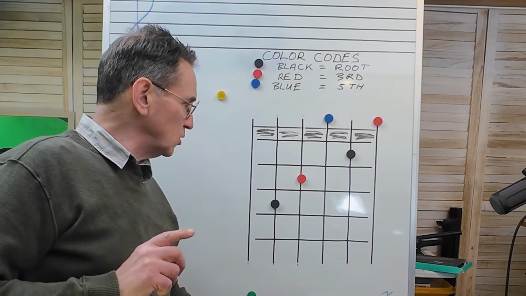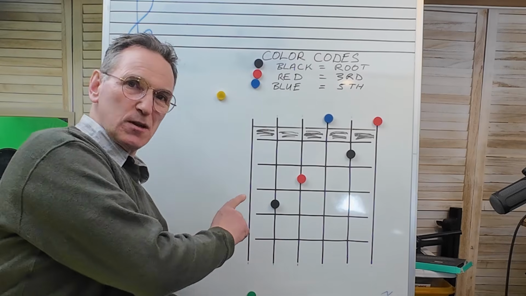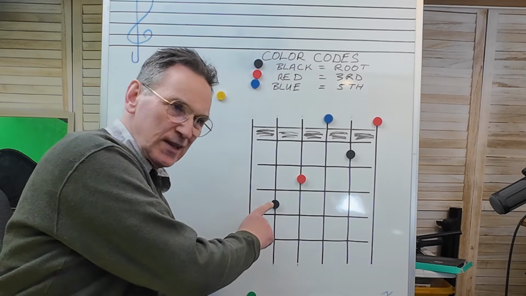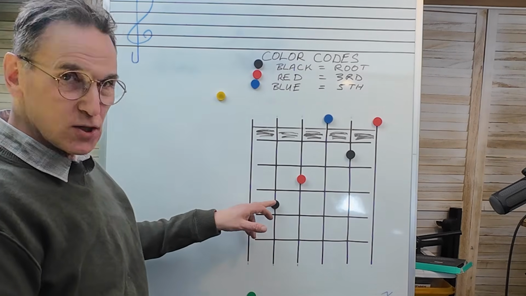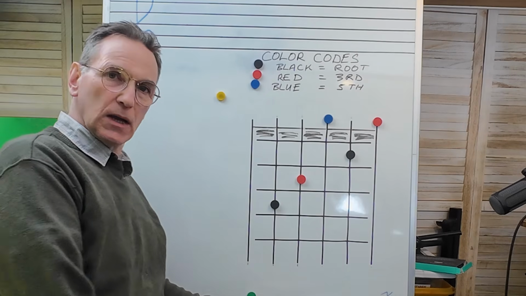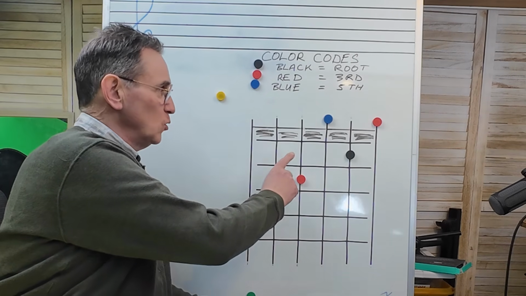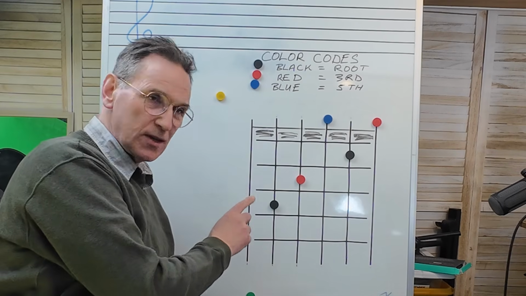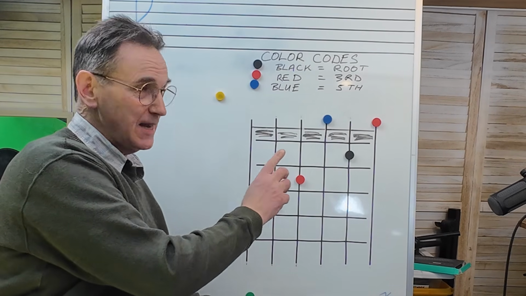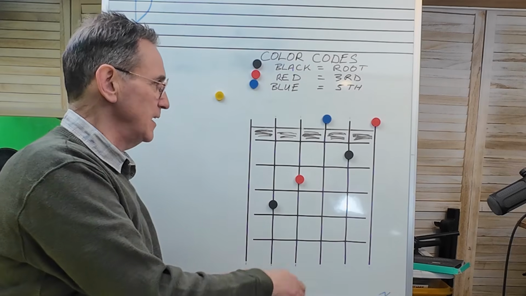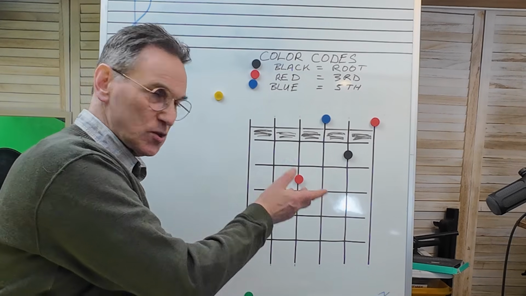So throughout these podcasts, I'm going to use a particular system of color coding for the dots on the fretboard. So when I put a dot here, you'll know what the root, 3rd, 5th, and later on I'm going to be adding 7ths and then other notes after that.